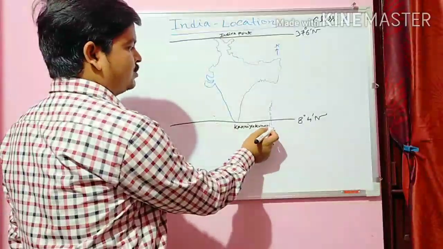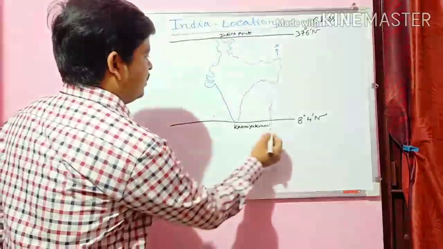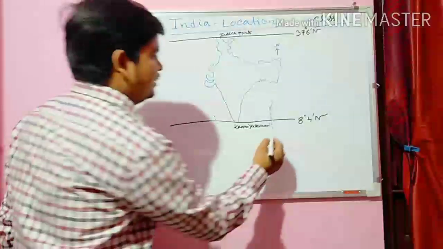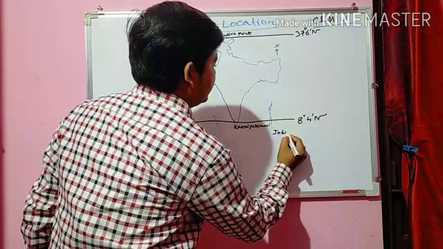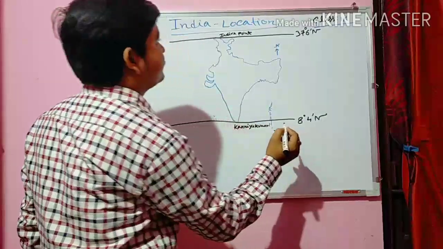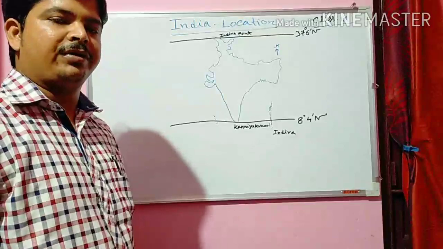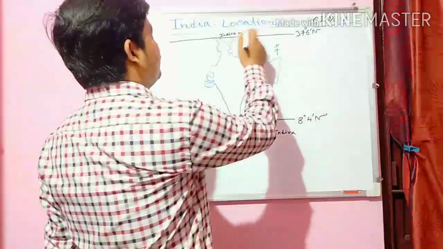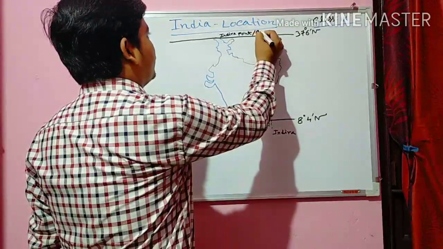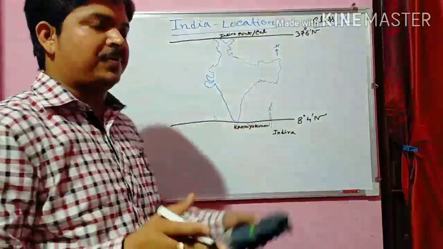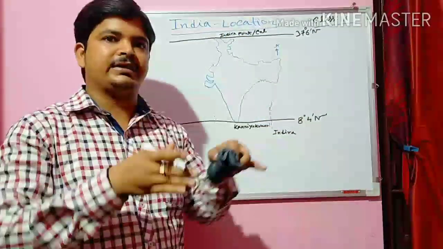But we have to consider this also. This is also part of India, that is Indira point. Indira call, or Indira point, is a mountain pass, between two mountains there is a pass.